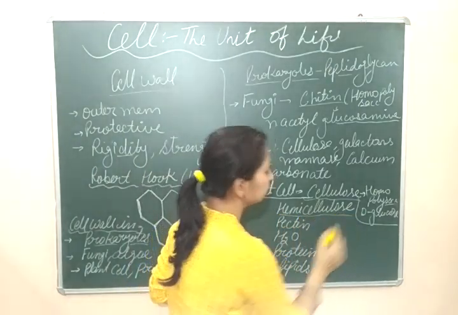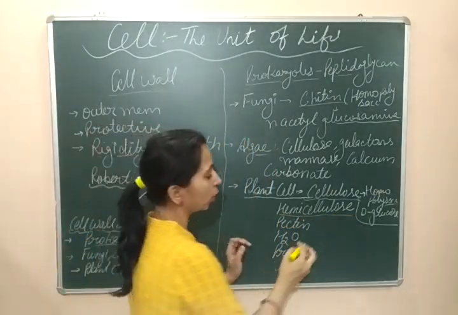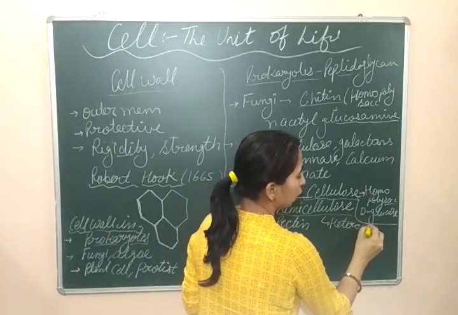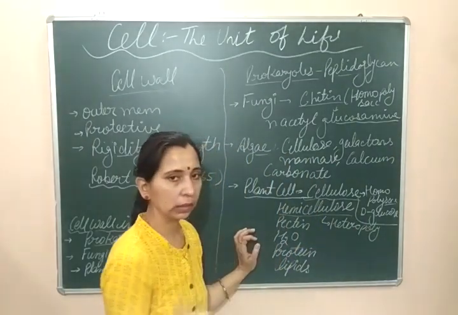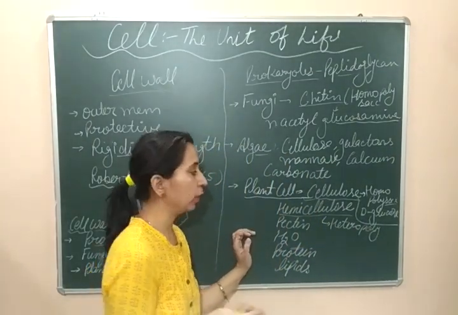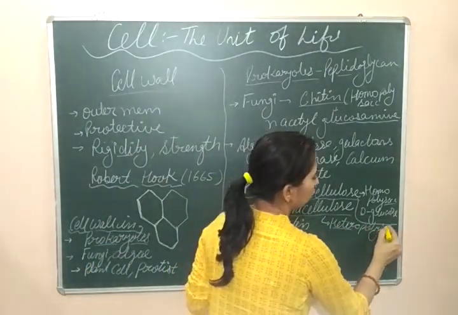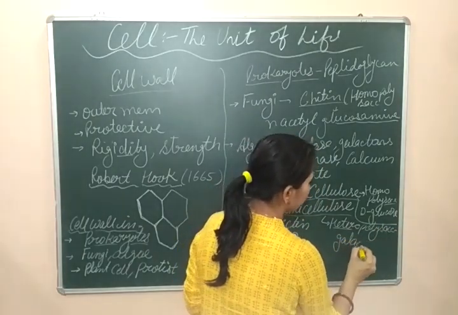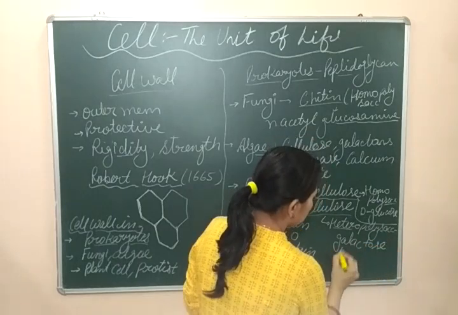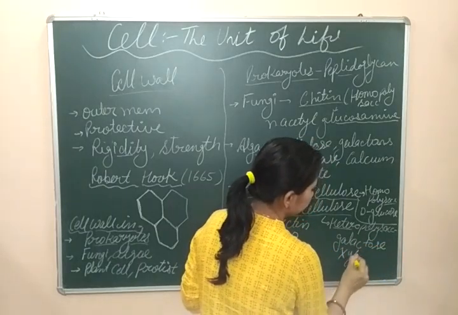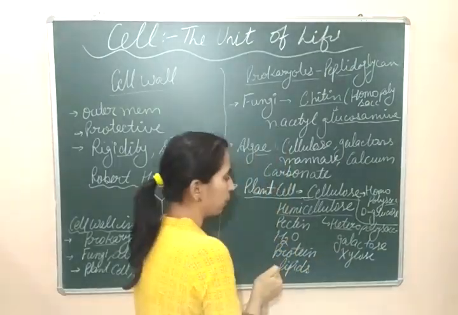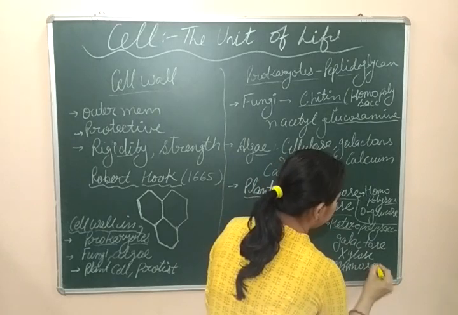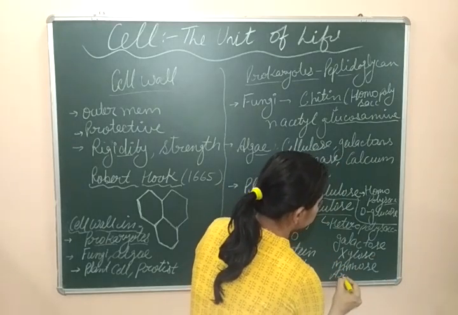Hemicellulose is a heteropolysaccharide. Heteropolysaccharide means it does not contain any single substance. एक ही तरीके का कोई substance join नहीं हो रहा formation में. It's a heteropolysaccharide of different substances, like it contains galactose, it contains xylose, it contains mannose and arabinose.